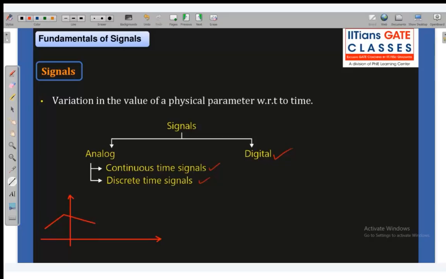I'm just representing a random diagram. Suppose this is x of t, a physical quantity x, and the independent variable we have taken is time. So it is continuous at all instants of time. You can see that it is defined everywhere on the time axis.